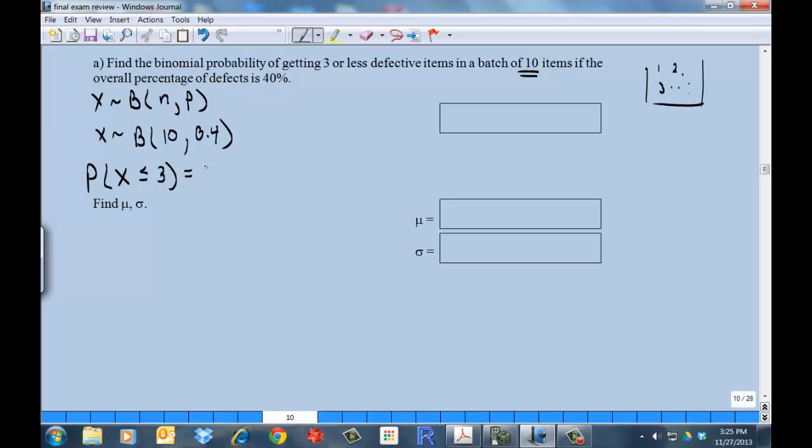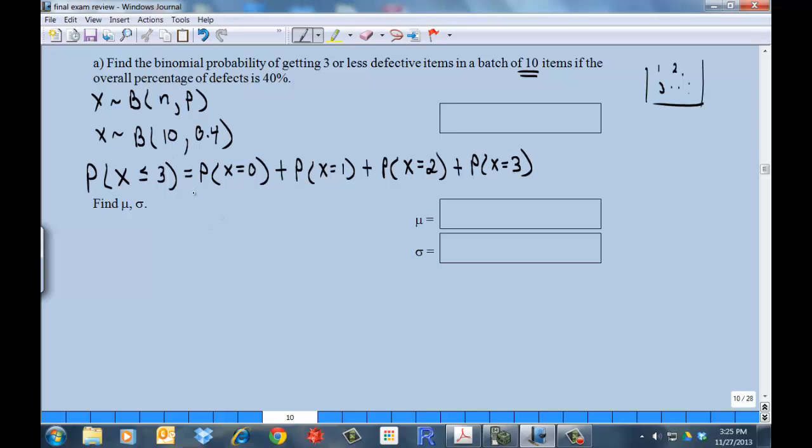And this translates into the probability that x is exactly equal to 0, which means there are no defective items in the batch of 10, plus the probability that x is exactly equal to 1, plus the probability that x is exactly equal to 2, plus the probability that x is exactly equal to 3.